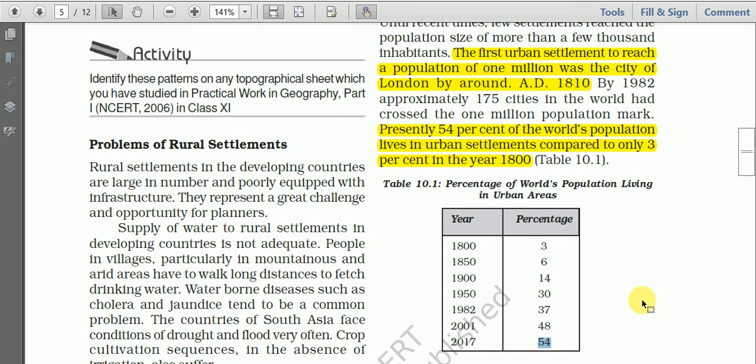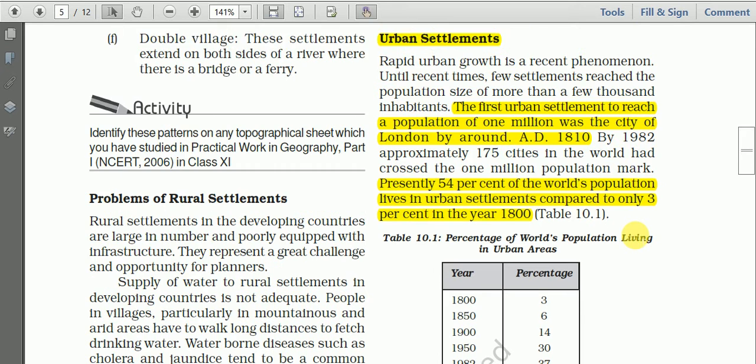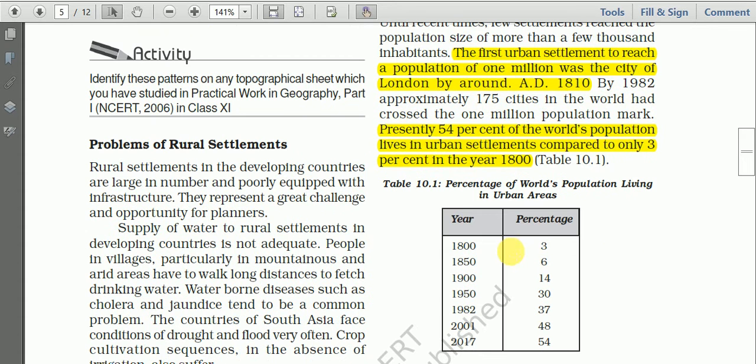So that means this urbanization has been rapid. Here it is also mentioned, rapid urban growth is a recent phenomenon. That means in the year 1800, 3% of the world population were urban dwellers, and in 2017, 54% of the total population of the world are living in cities and towns. That means urbanization in the world has been rapid.